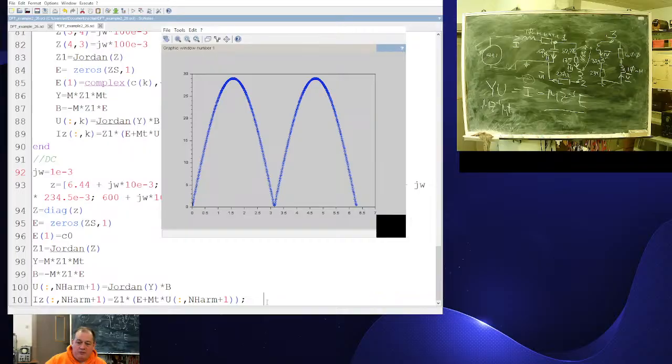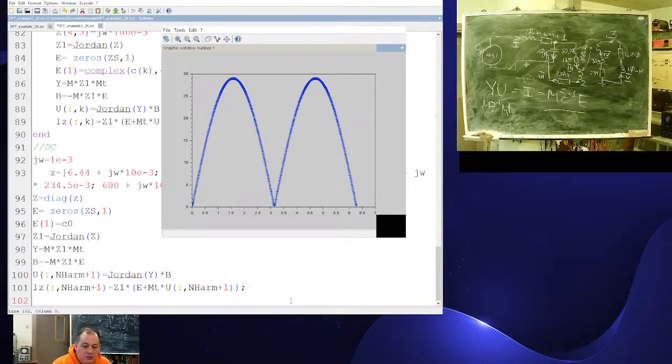Okay, I will get, see where I'm solving, n harmonic plus 1. 51, column number 51 will be DC mode. Next step, what I need to do? Actually, I have now my solution, but in form of Fourier series. I need to perform inverse transform.